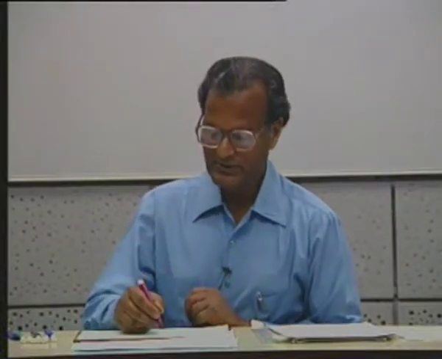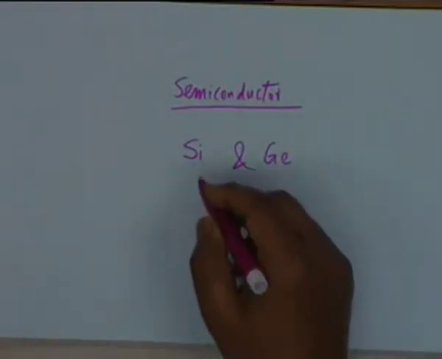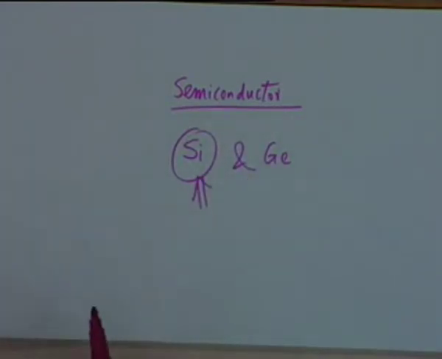Without charge carriers, we cannot have any current. The semiconductor materials that we shall be mainly concerned with are silicon and germanium, and more of silicon than of germanium. So let us look at the silicon atomic structure.